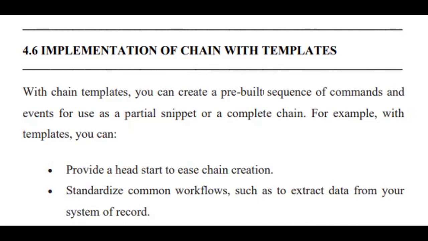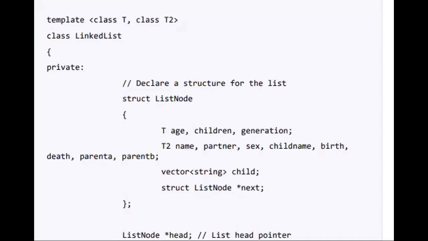So this is how we are going to see an example of how we can implement templates using chain. You can see that we have declared a template class T and class T2, and in the class linked list we have declared some private data members and member functions, which are struct list node, that is the structure data type, and list node is the name of the data type and variable.